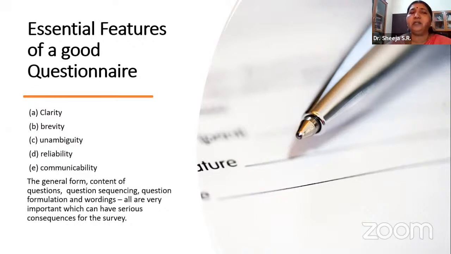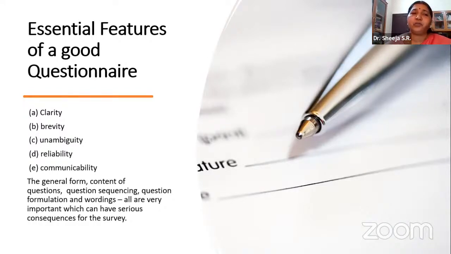It must be as brief as possible. Most often people will not have time to respond to a lengthy questionnaire. So it should be as brief as possible. At the same time, we have to remember that we have to achieve our objectives also.